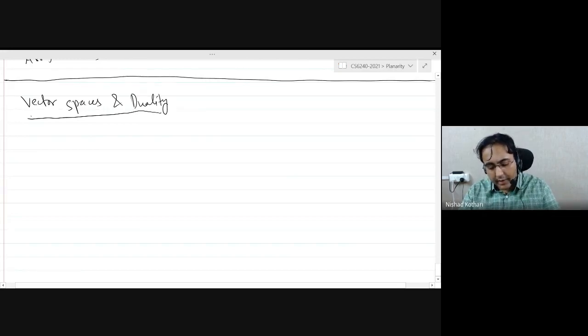Turns out that in the case of planar graphs, you can actually see this algebraic connection in a slightly different way, or if you like, in a more geometric or topological way. Okay, and it's connected with duality. So let's go through that part.